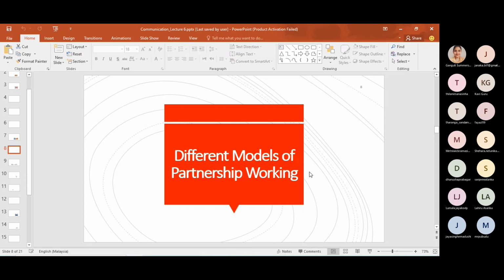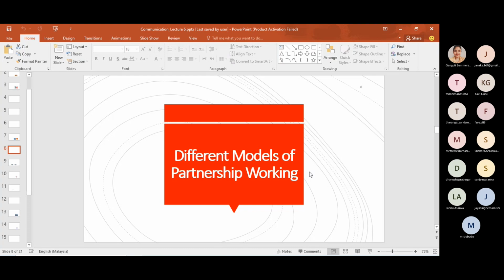Just forget about partnership working for a moment: if you think about a group project where the group members are extremely different from one another, it can be difficult to do that project as a group.